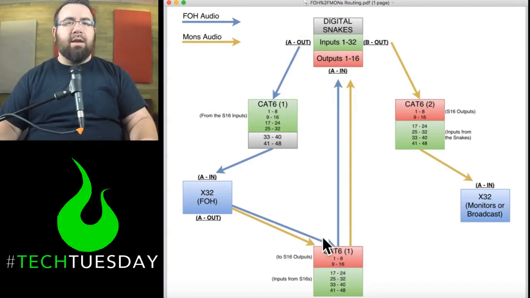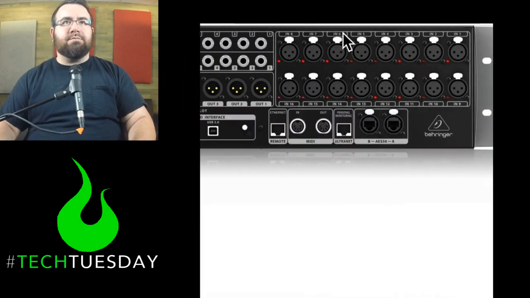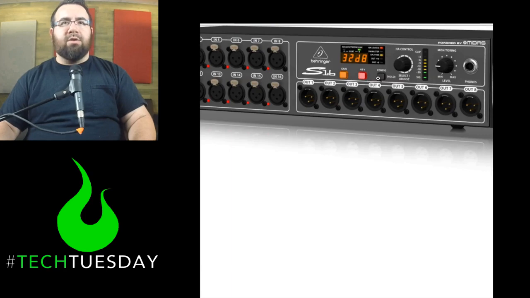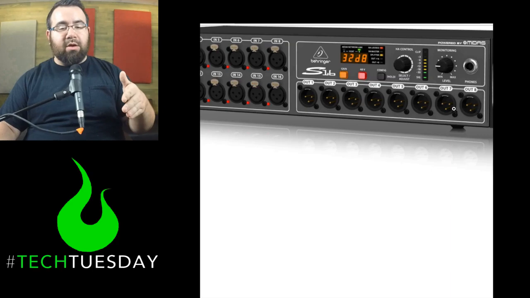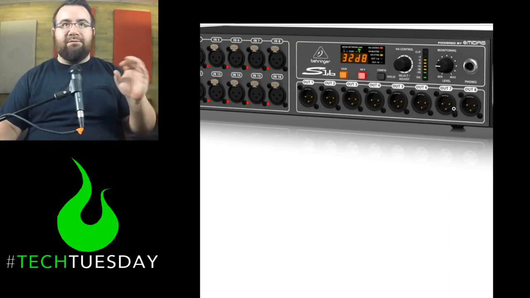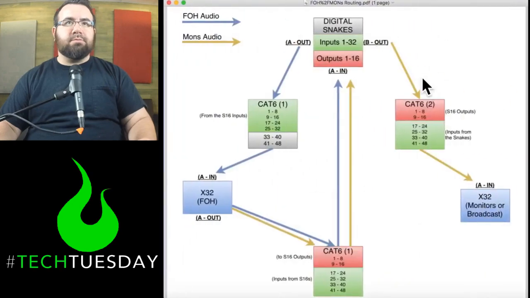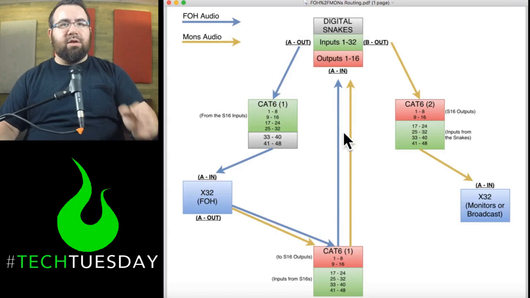And you can see this is red because these are our outputs, which end up at our physical outputs in red over here. So that's what's going to go to your speakers, your stage monitors, anything that's got a physical output that needs to come from the stage. So you've got your sound going through there on the first 16 channels.